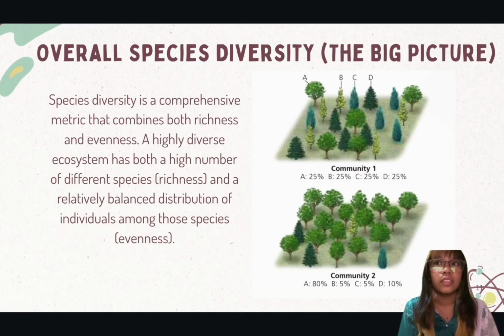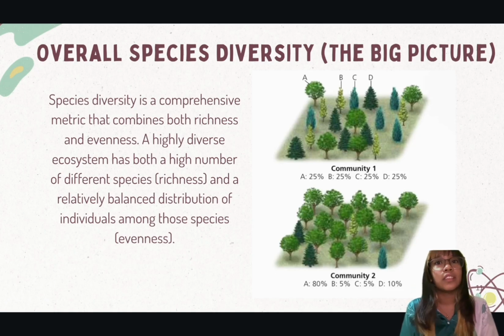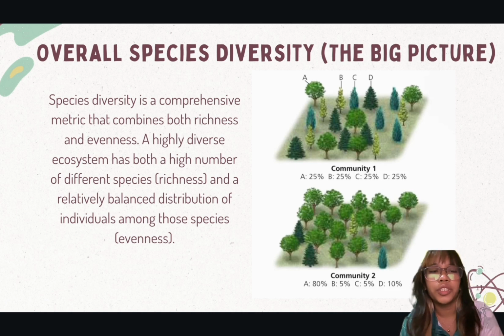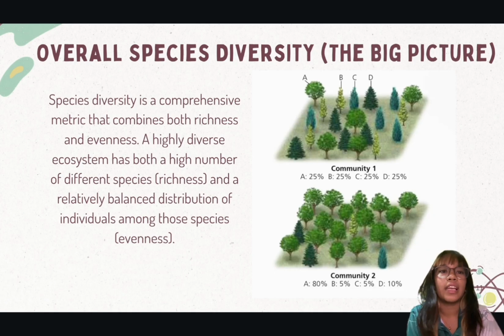And the last is species diversity or the big picture. It is a comprehensive metric that combines richness and evenness. Going back, richness is the count and the evenness is yung balance of populations. Example in the picture shown. Community 1 has 4 different types of trees, A, B, C, and D. Each type makes up 25% of the forest.